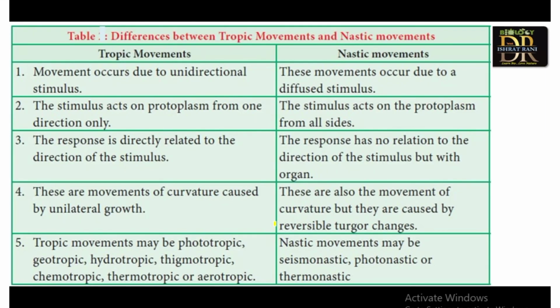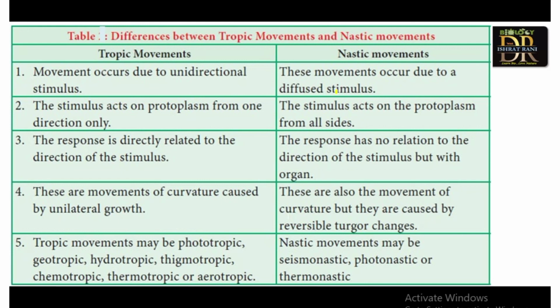So here is the table to differentiate between tropic and nastic movement. Tropic movement is unidirectional. It means there is a single direction, like touch, light, gravity or hydrotropism.